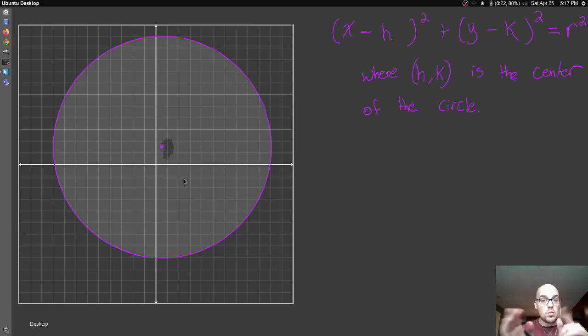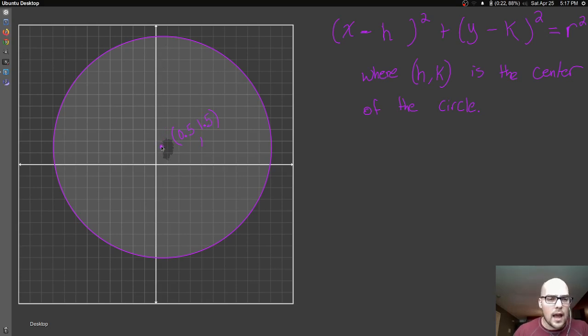So let's plug it into our formula anyway. Let's figure out what is the center of this circle. Well, the center here is 0.5, comma, 1.5. That's my center point. And my radius is 1, 2, 3, 4, 5, 6, 7, 8, 9.